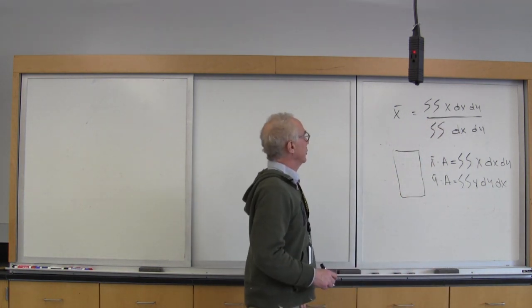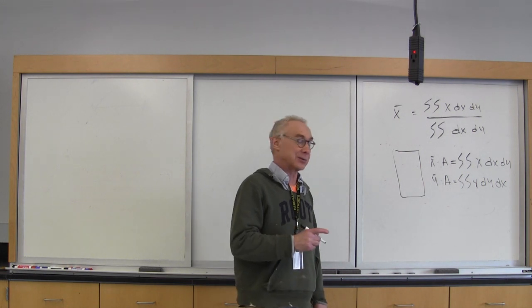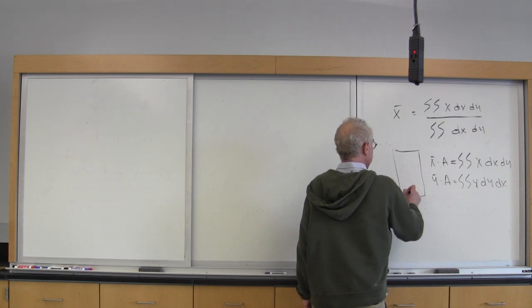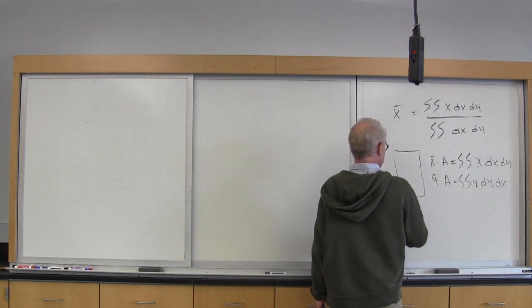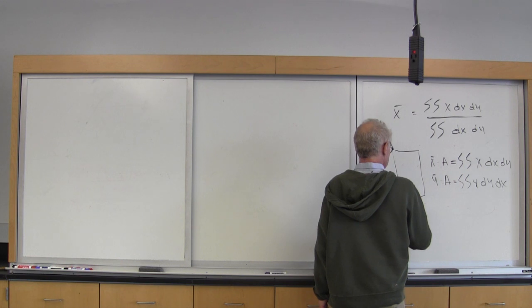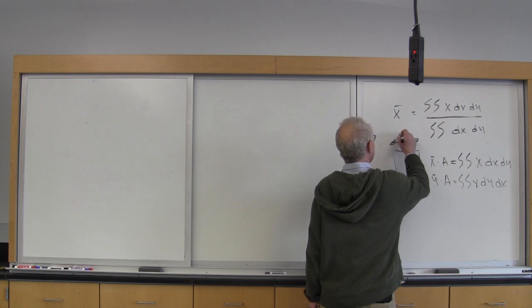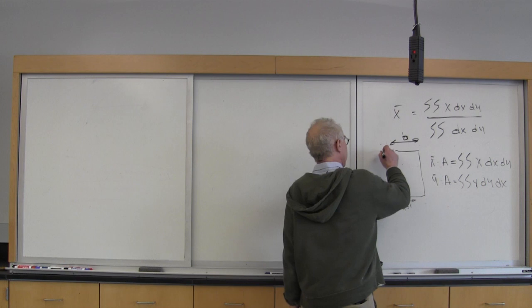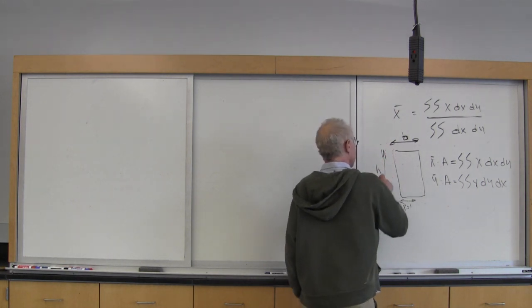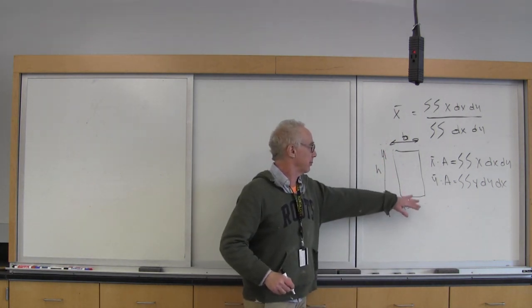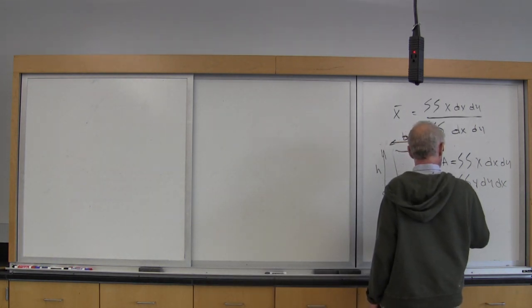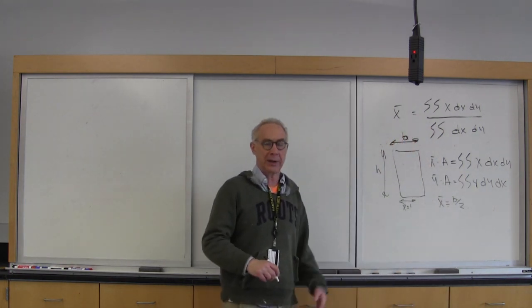So I didn't get to our composite areas. But the centroid of a rectangle, for example, is simply the center. Typically we use b as the width and h as the height, and x bar would simply be b over 2, and y bar would be h over 2.